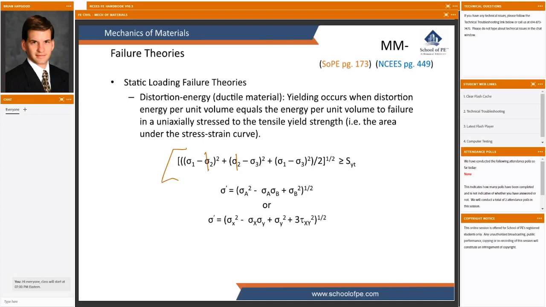Can you tell, looking at this a little bit, there's a divided by 2 going on. That's a little curious in this case, and we're comparing that to the yield tensile strength. So it kind of looks like maybe we're actually comparing it to shear, but anyway, we don't need to worry too much about the derivation of distortion energy. Suffice it to say, this is the Pythagorean theorem. It's a three-dimensional version of the Pythagorean theorem.